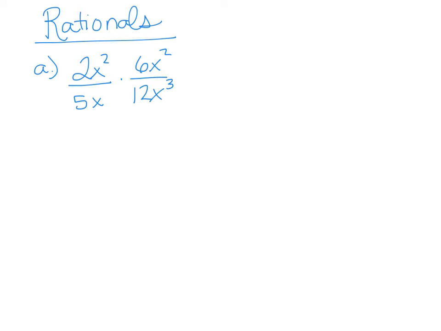Okay, so when you do these problems, you can only cancel from tops and bottoms. Okay, so are there things on top that are the same as things on bottom? Yes, so you can take the option of crossing out first, or you can multiply through first.